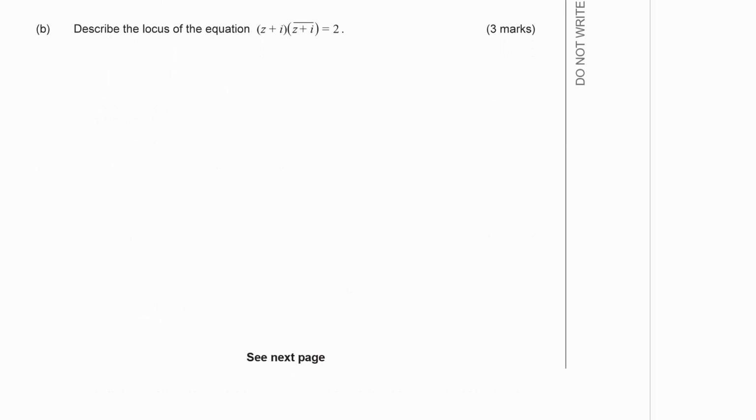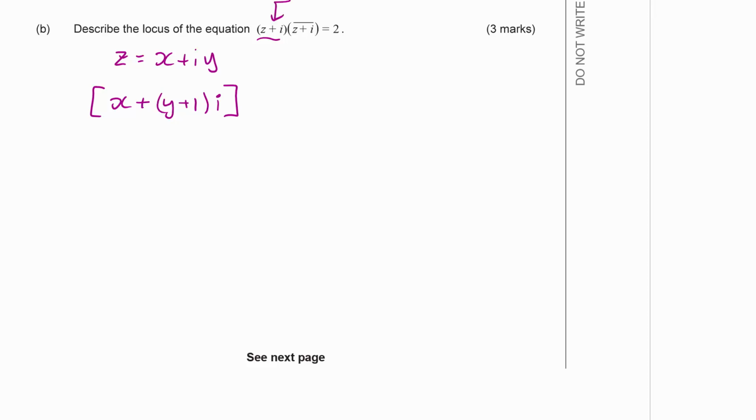We now want to describe the locus of this equation. So let's let z be equal to x plus iy. And then what we have is z plus i is going to be x plus (y plus 1)i. So it's just x plus iy plus i.